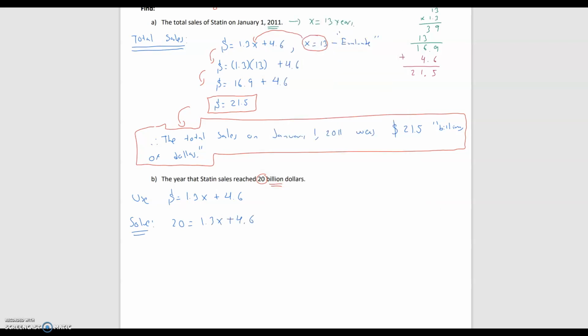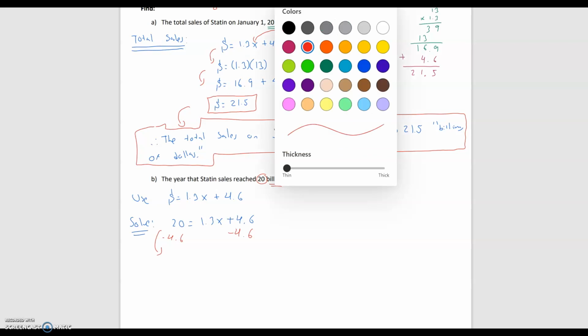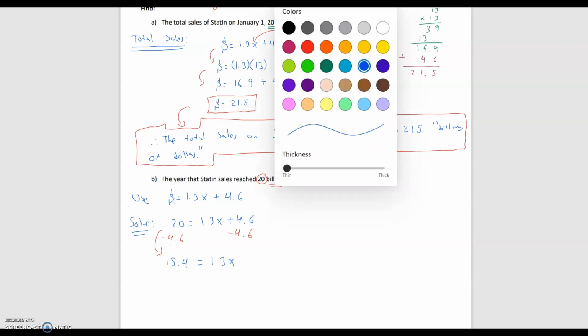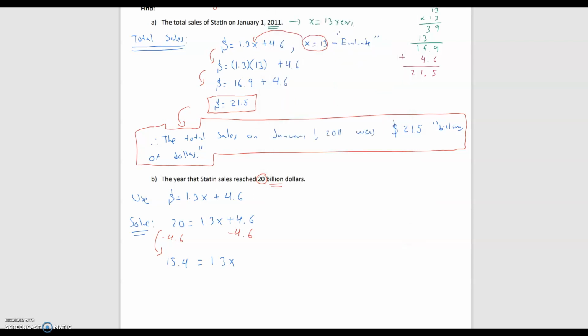And let me start by subtracting the 4.6. So at this point, 20 minus 4.6 is going to be 15.4, which is equal to 1.3x. And then we're going to be dividing by 1.3, divide by 1.3.